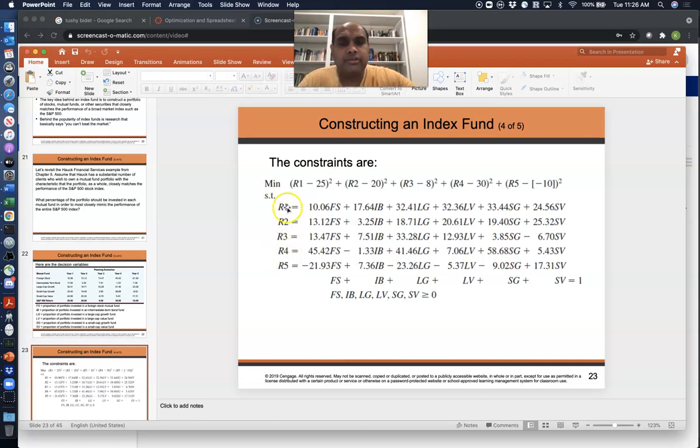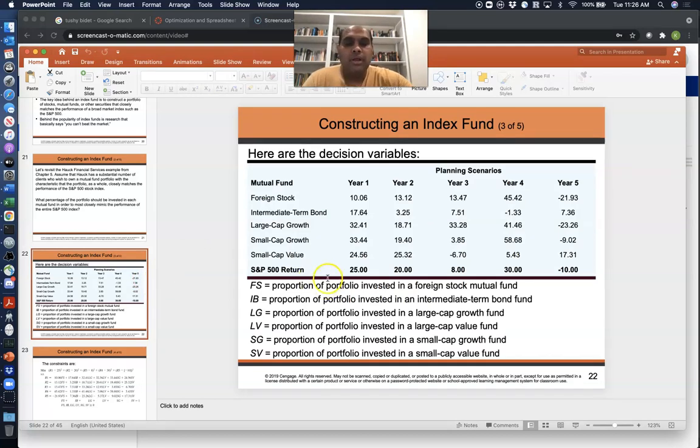So you calculate the returns for the 5 years, and then your objective is to minimize the distance between the returns that you expect for each of these 5 scenarios and the return for the S&P index. For the S&P index, year 1 had a return of 25, year 2 was 20, then 8, then 30, then minus 10. These were the returns for the S&P index over the 5 years that you're considering.